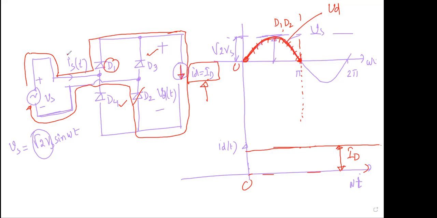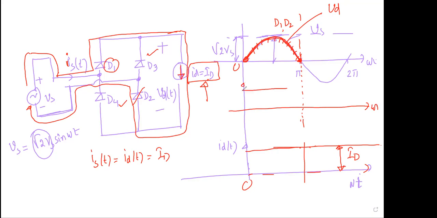Then what would be the wave shape of IS? If IS equals ID, and this is capital ID, IS will also be constant. So this portion, this is pi, and this is pi. So we get this one, right? This will be IS. Am I correct or not?